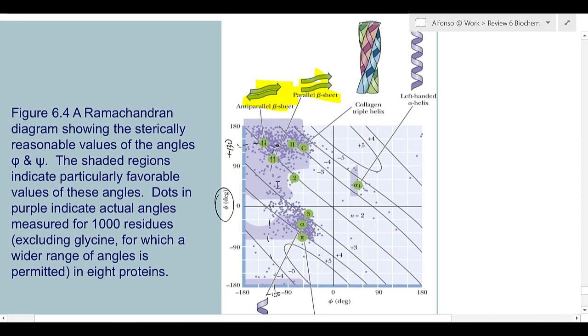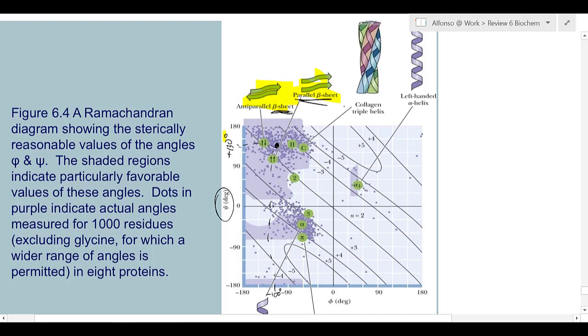So if I zoom in, since we know that the phi angle and the psi angle can rotate, what they found is that all the ones that have a psi angle of positive 130 degrees and a phi angle of about negative 100 degrees, all those polypeptide chains turn out to be beta sheets.